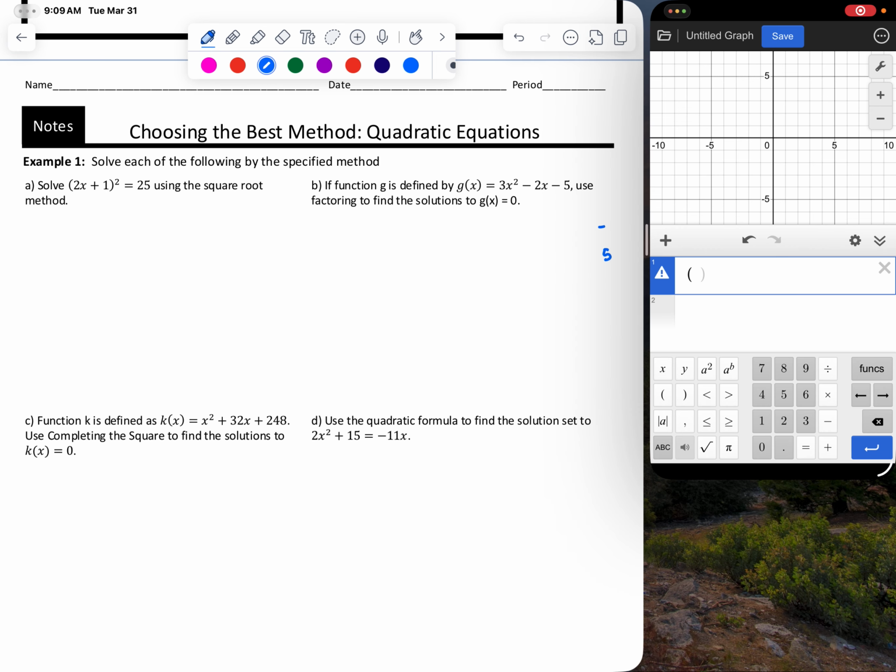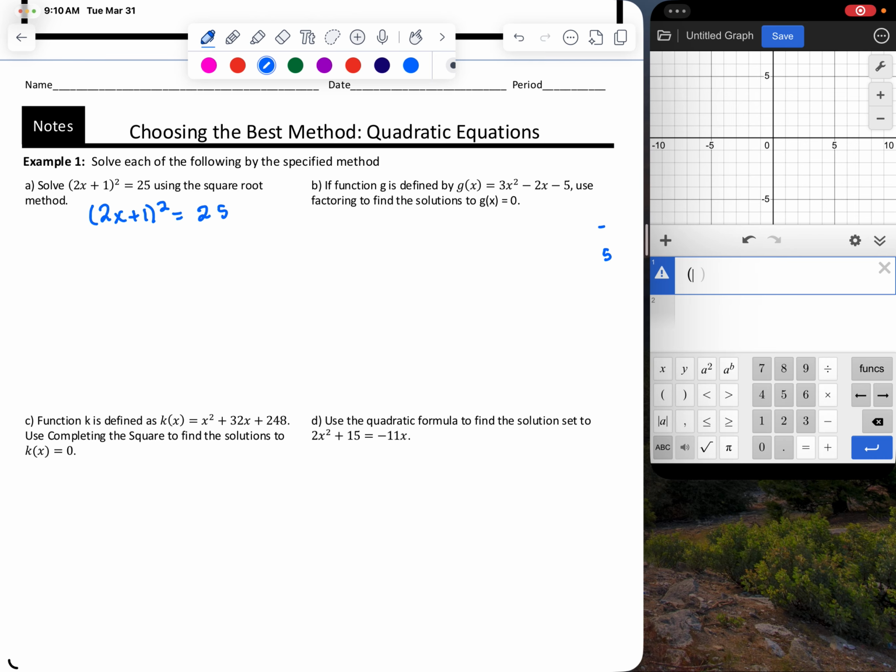So problem A says solve (2x + 1)² = 25 using the square root method. So let me write my original problem down here. We have (2x + 1)² = 25.